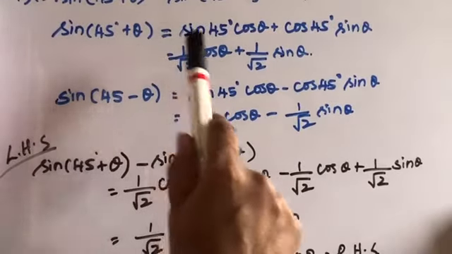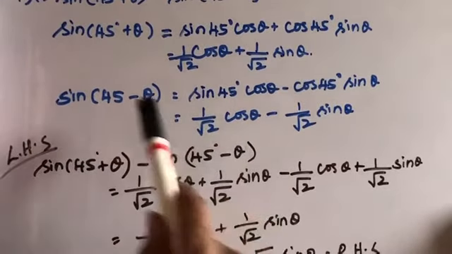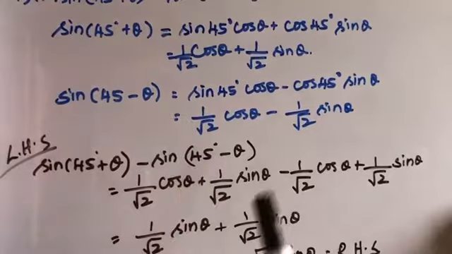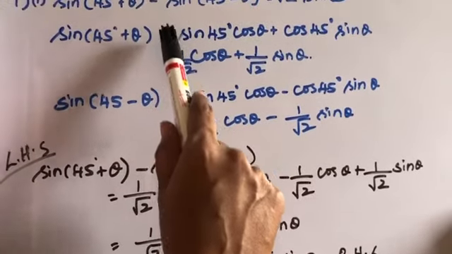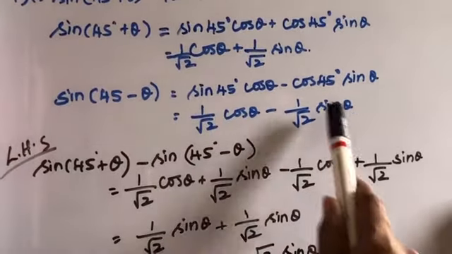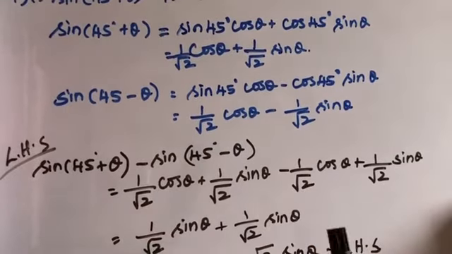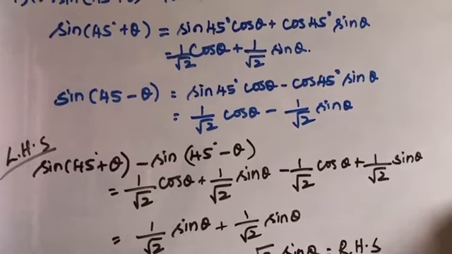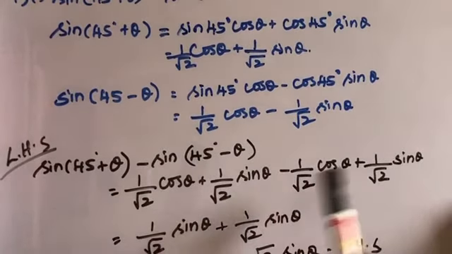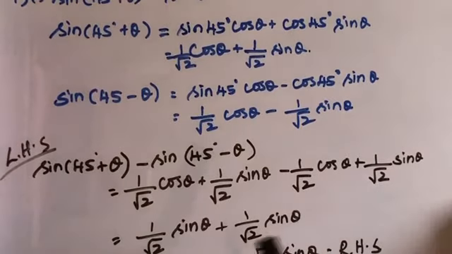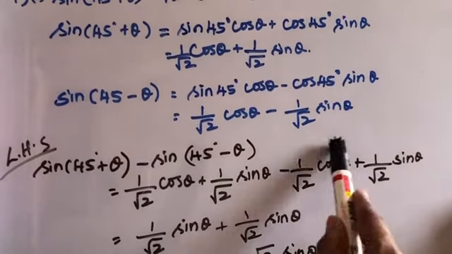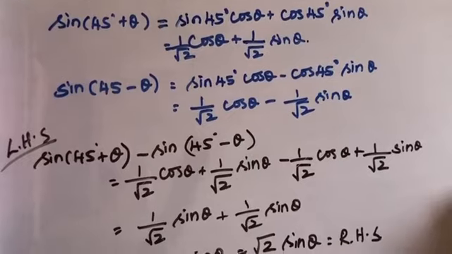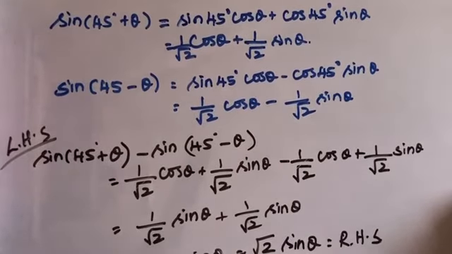As it is minus, I am going to change the signs of the second expression: minus 1 by root 2 cos theta plus 1 by root 2 sin theta. So 1 by root 2 cos theta minus 1 by root 2 cos theta will get cancelled. So it is 1 by root 2 sin theta plus 1 by root 2 sin theta.